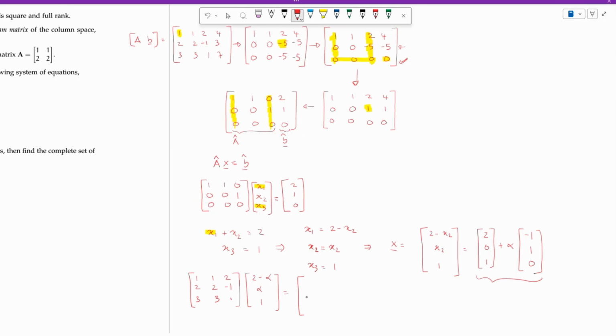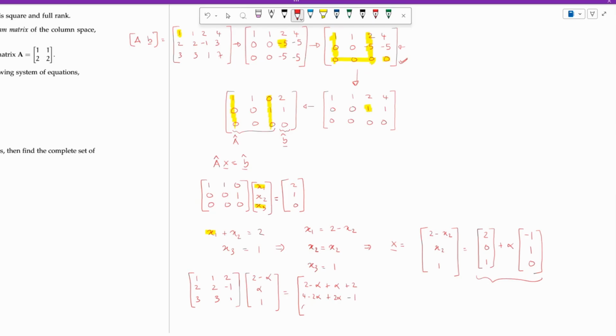What will that be equal to? That will be 2 minus alpha plus alpha plus 2. This will be 4 minus 2 alpha, 2 alpha minus 1.